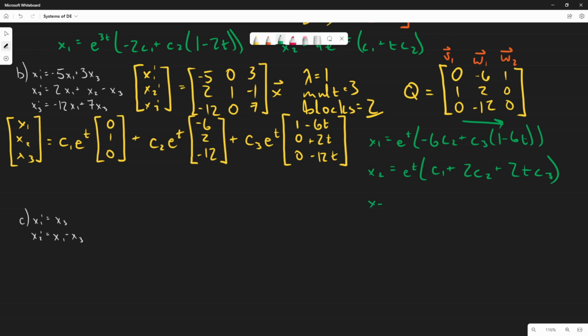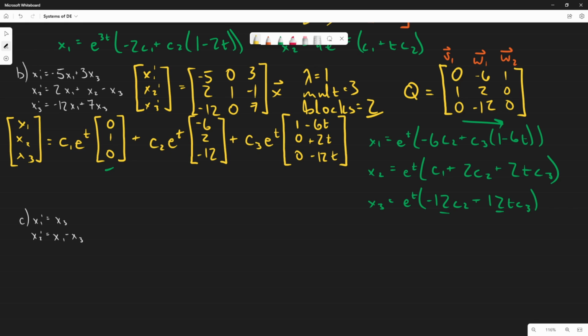And then x3 will be e^t. This is 0. So this will be -12c2 plus or minus 12t c2. Then again, you can factor out the -12 and then just have it c2 plus t c3. That is supposed to be a 3. So yeah, that's the solution for this one.